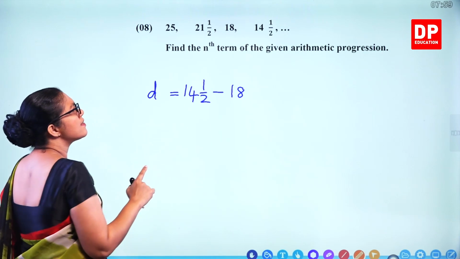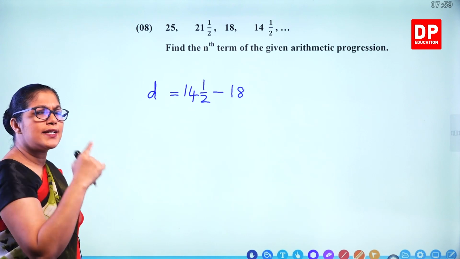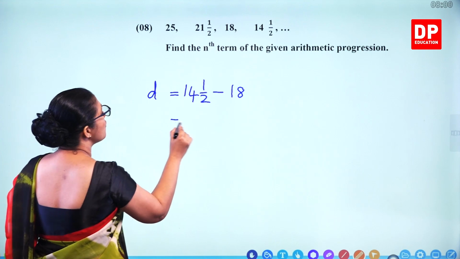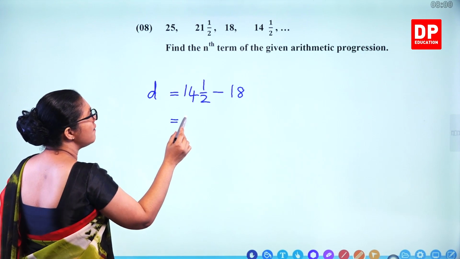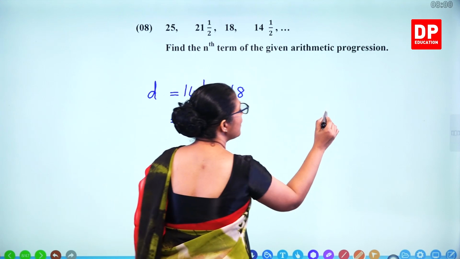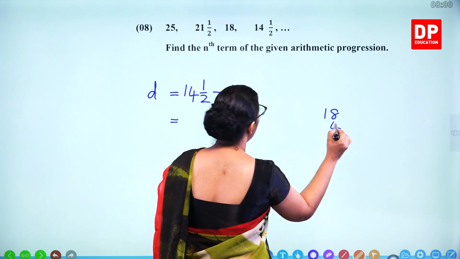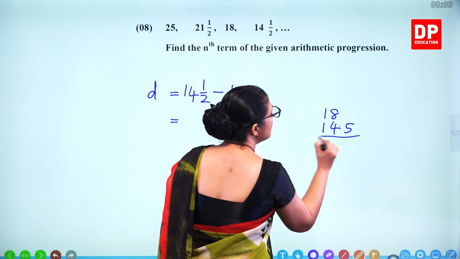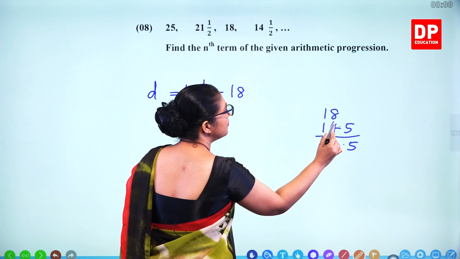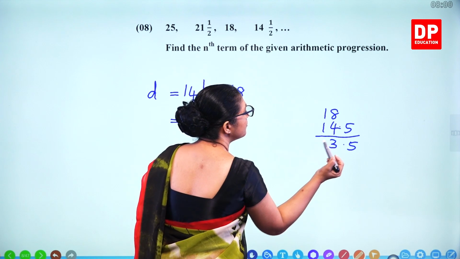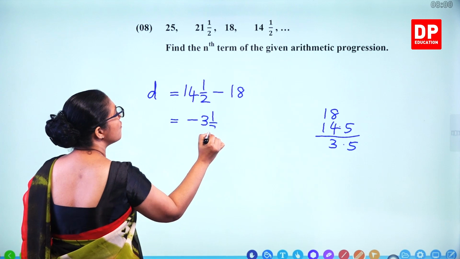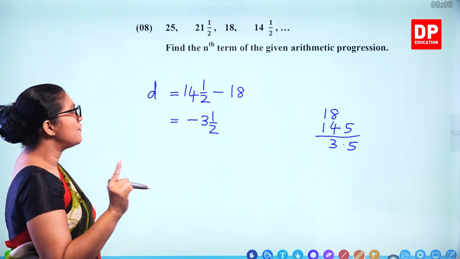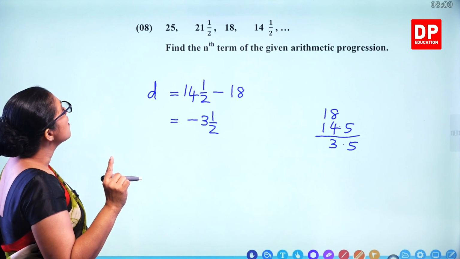Any two consecutive terms, any term minus the previous term. So what you get? 4.5. So 18 minus 4.5, 14.5. You get 3.5, but it's negative. Negative 3.5 is the common difference.